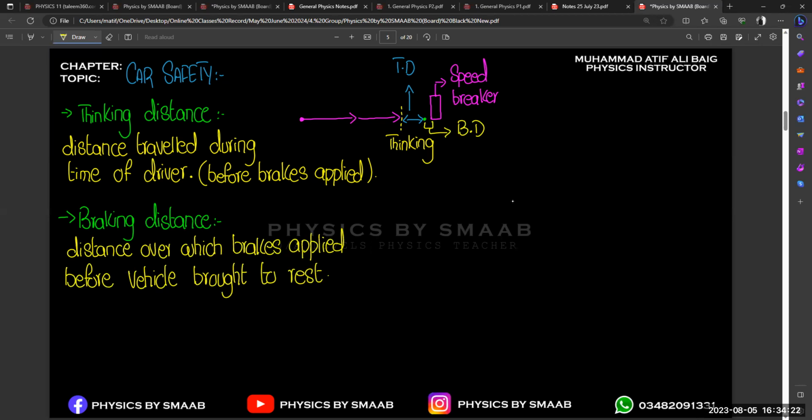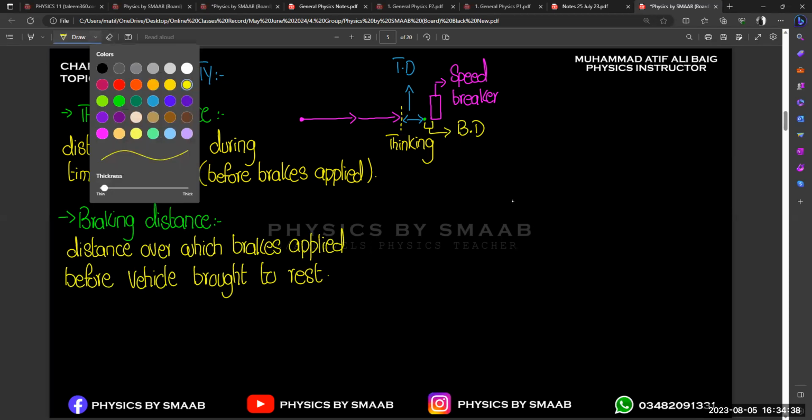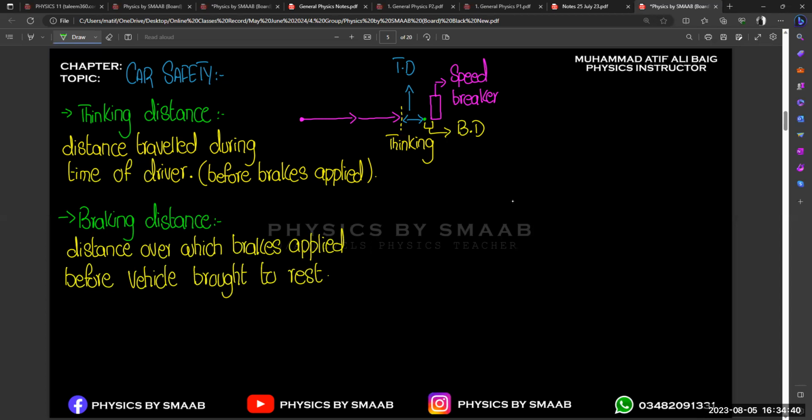So this is the distance when we just press down that brake pedal, and before coming to rest, the total distance covered in that short time interval when the car is just skidding or sliding on that surface. So that distance is known as the braking distance. And what is your final term actually related with? Your final term is related with the stopping distance.